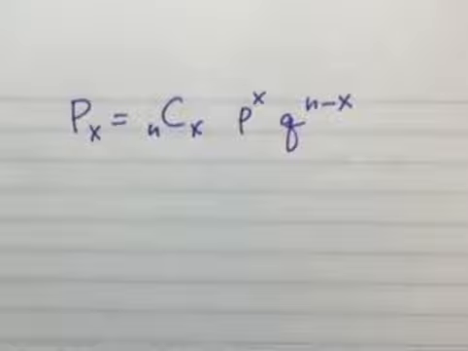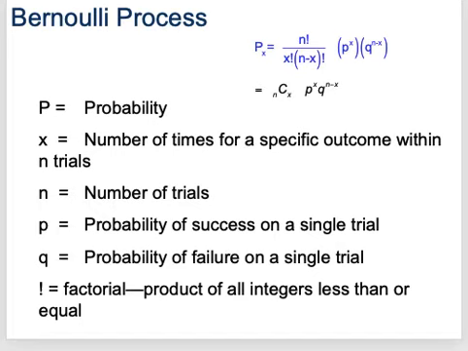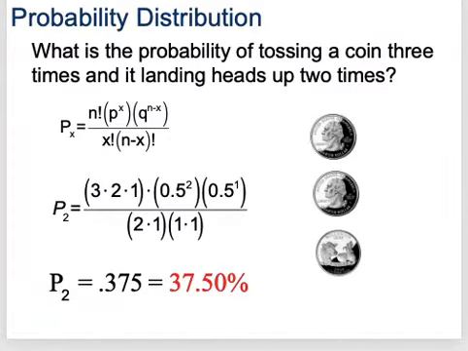There's my formula, and I want to go back to that PowerPoint for just a second, because we want to know, what is the probability of tossing a coin 3 times and landing heads 2 times? Okay, let me go back to my camera here.